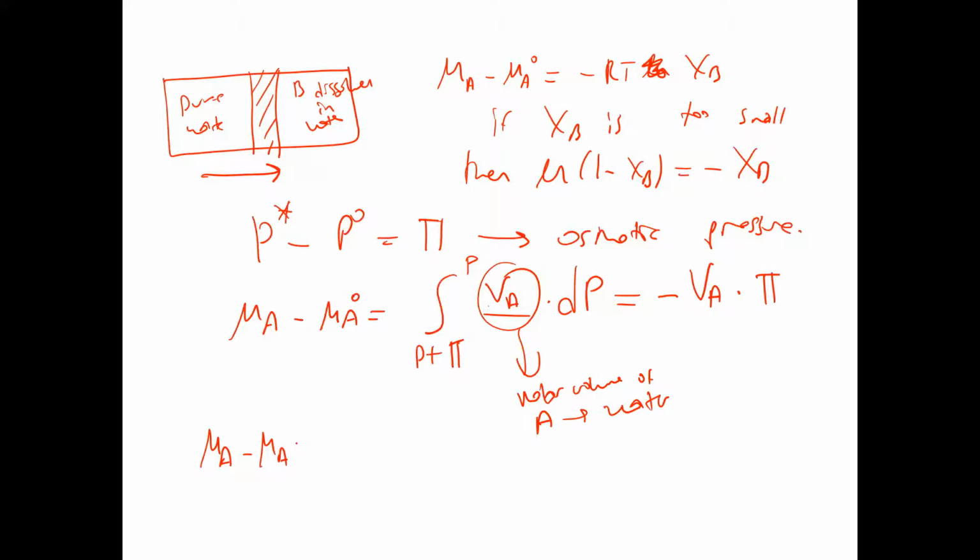That is the reason there is a difference between the two of them. It is equal to minus RT XB, which is equal to minus VA times pi. Here, pi is equal to RT XB divided by VA, as you see here.